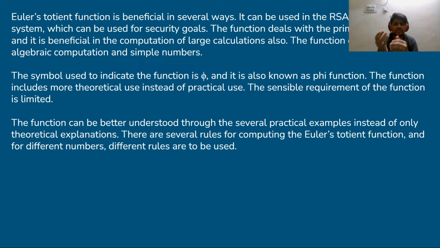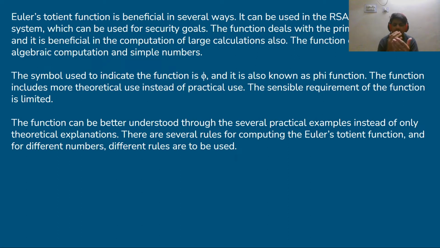The symbol used to indicate the function is phi. The function has more theoretical use instead of practical use. The practical requirement of the function is limited. The function can be better understood through several practical examples instead of only a theoretical explanation.